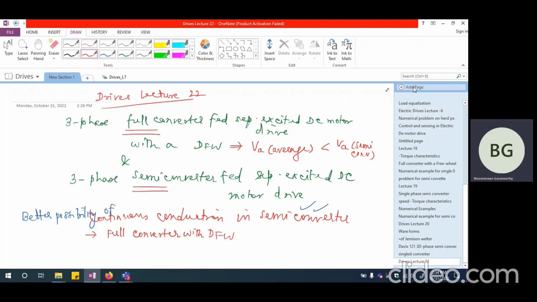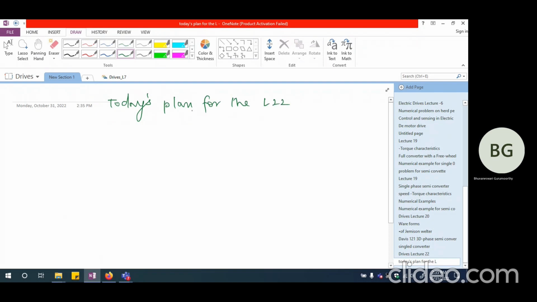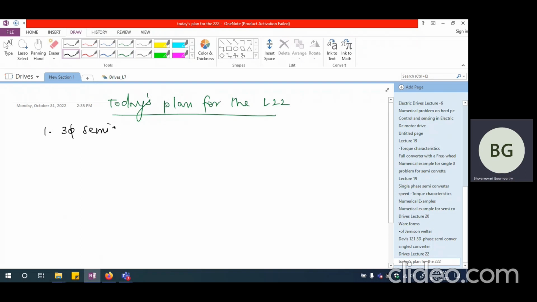So in today's class, we are going to mainly look at three aspects. Today's plan for the lecture class, we are going to have three things discussed. One is three-phase semi-converter. We had not talked much about no load speed.